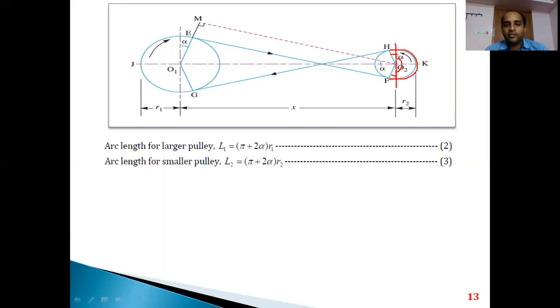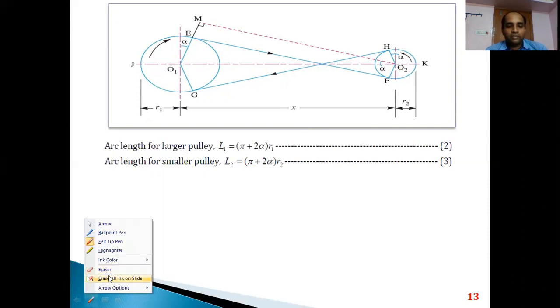We write it as 180 degrees, that is pi, plus alpha on one side plus alpha on the other side. So in total we get pi plus 2 alpha, multiplied by the radius R2. This is the arc length for the smaller pulley, that is L2. Now once we have this, we need to calculate the further terms.